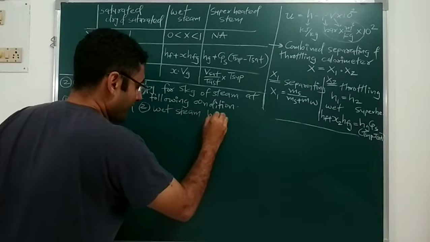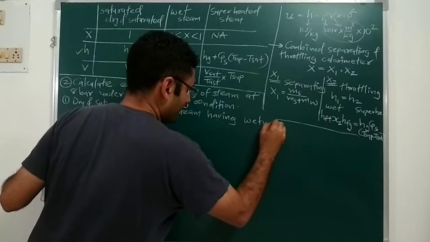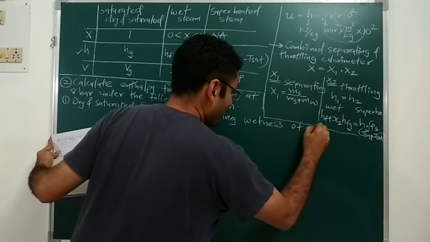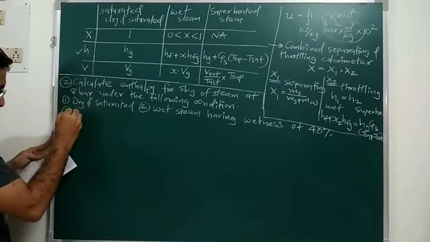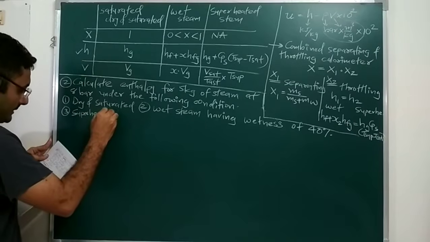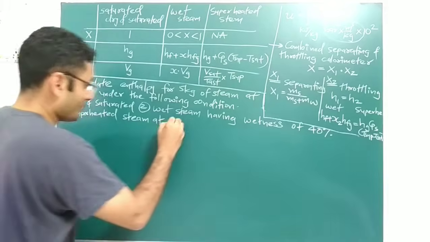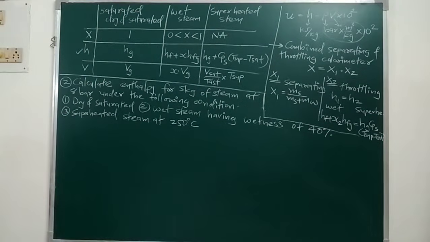Wet steam having wetness of 40%, and third one is superheated steam at 250 degree centigrade. So in this numerical, each and every variety I have taken.